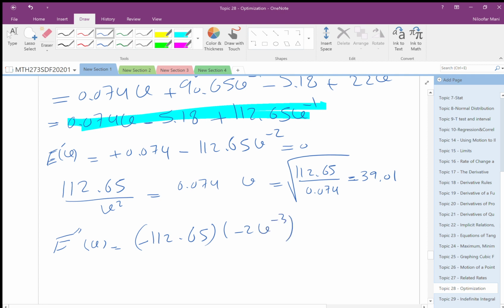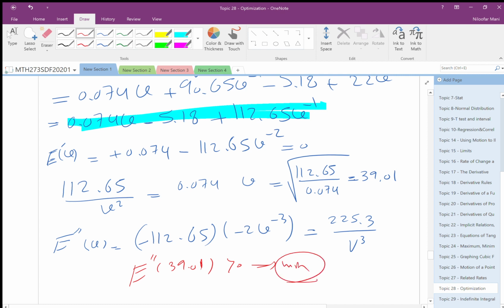power minus 3. Okay, and this is 225.3, so it's 225.3 divided by this, and when I sub in the point, I can see E double prime at this point. Okay, at this point is positive, for sure I have minimum.